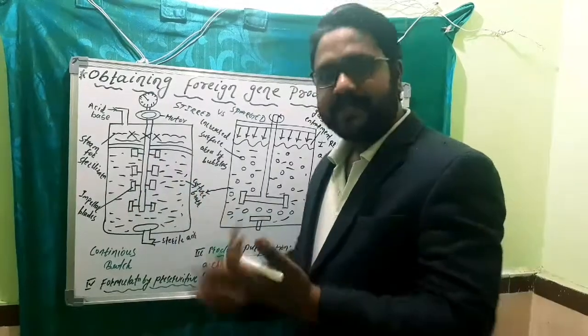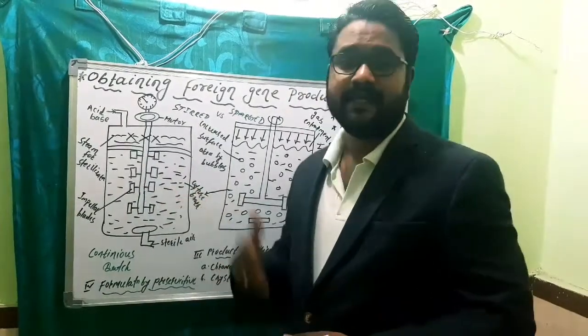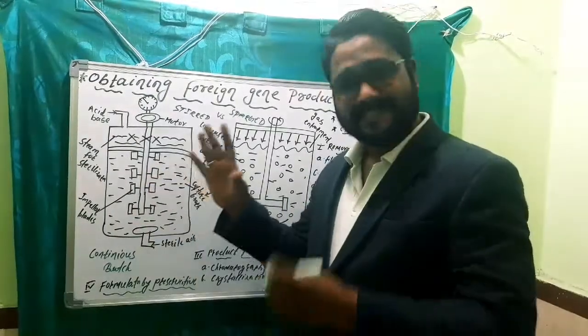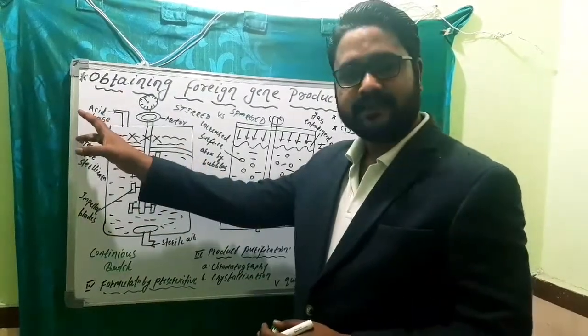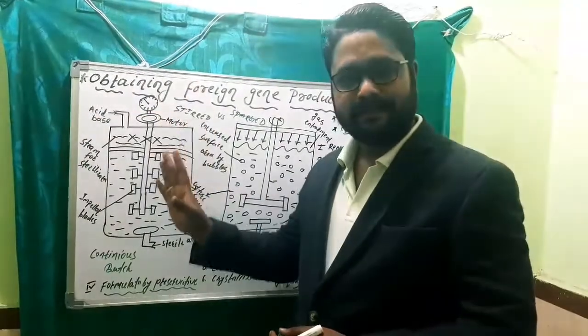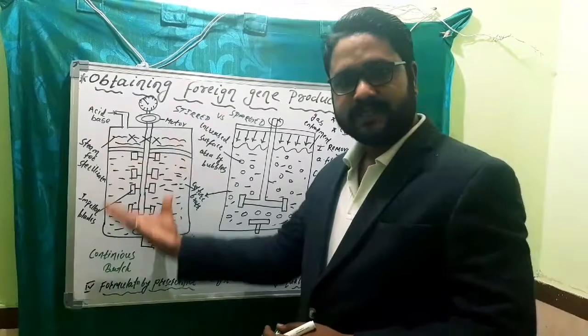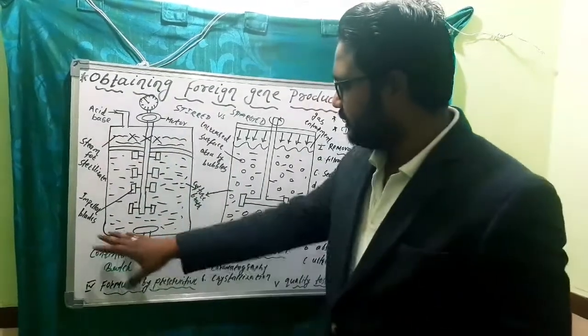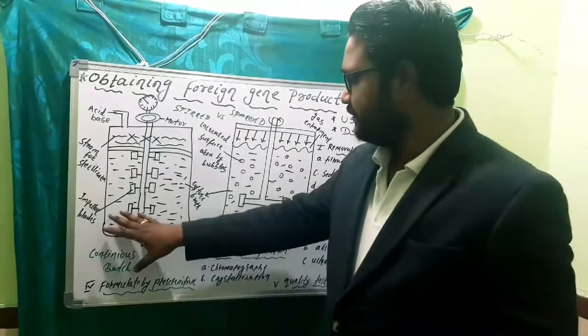Now during production, conditions may change, acidity increases, alkalinity increases. To check on that, this control system is present here, a buffer system, to maintain the proper pH of this production medium. Sterile air is being passed from here.